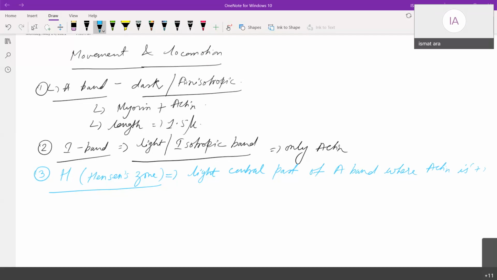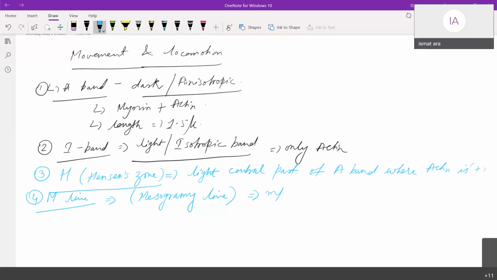Now the fourth one is the M line. This M line is the mesophragm line.